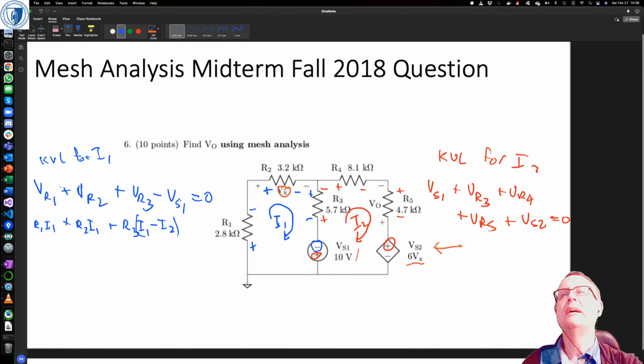And then our VS1 is on the other side, so it's minus 10.